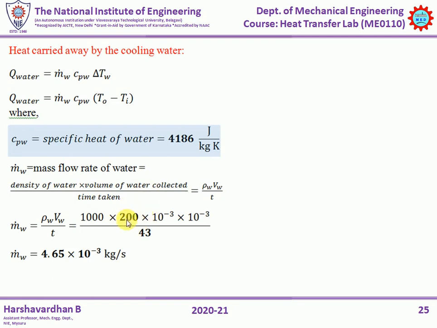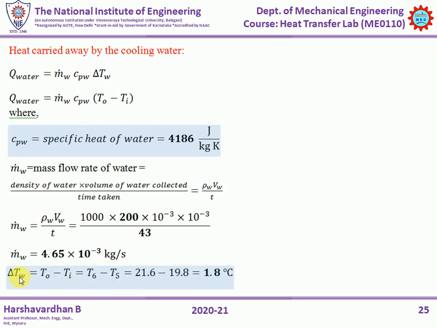We need to convert milliliter into liter first, so we have used 10 power of minus 3 here, and then liter should be converted into meter cube, so again we have multiplied by 10 power of minus 3. By doing this we have converted milliliter to meter cube. We have substituted the time taken as 43 seconds. After simplification we have got the mass flow rate of the water through the water jacket as 4.65 into 10 power of minus 3 kg per second.